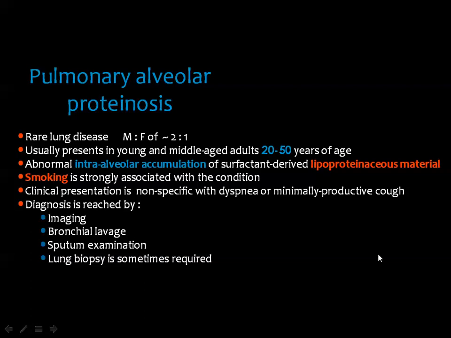The presentation is non-specific, with dyspnea and non-productive cough. The diagnosis is obtained by imaging, by bronchoalveolar lavage, by sputum examination, and sometimes you need the help of CT-guided lung biopsy.